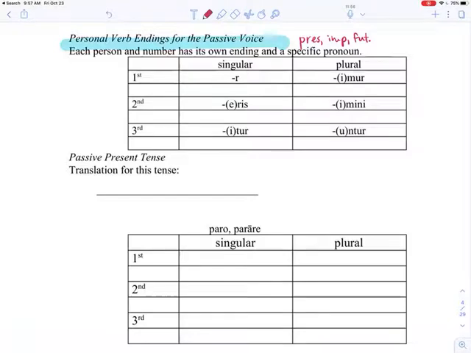Excuse me, not perfect, future. I got this, future. So our endings are r, ris, tur, mur, mini, ntur.